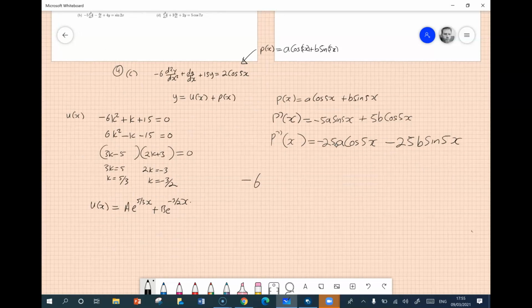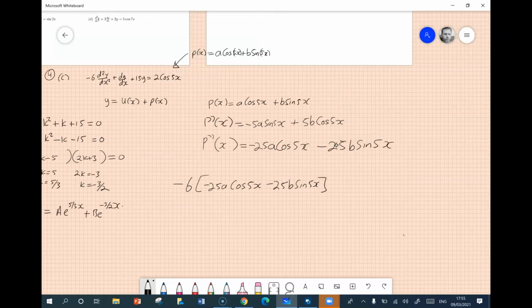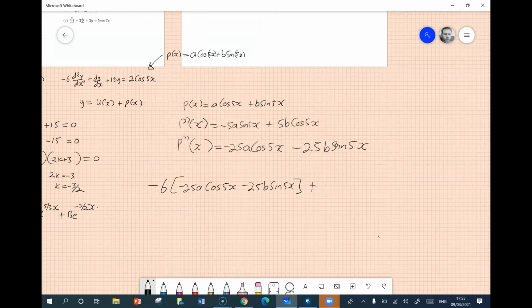So I have minus 6 times the second derivative, which is minus 25a cos 5x minus 25b sine 5x. Then I've got plus the first derivative, which is minus 5a sine 5x plus 5b cos 5x.